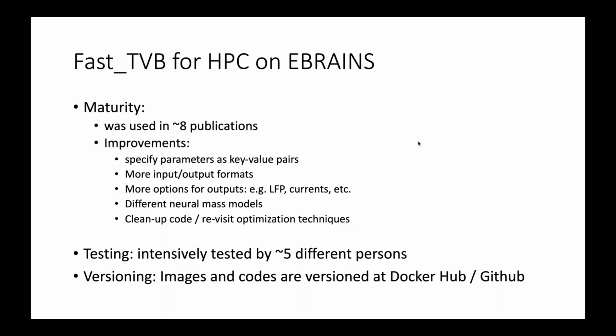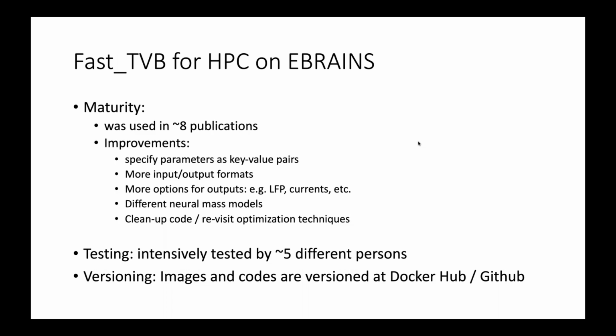So this is quite some time ago when this was initially conceptualized, and with compiler updates and new architectures, several things might be updated. It was tested intensively by 5 different persons.